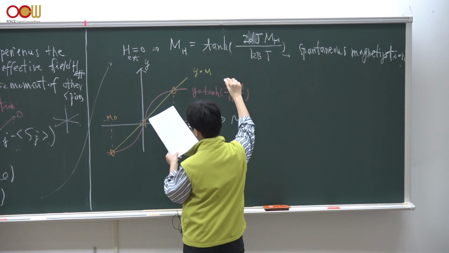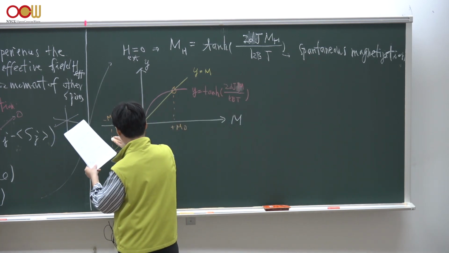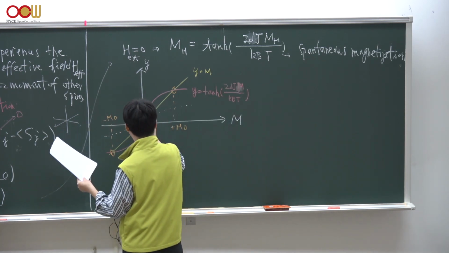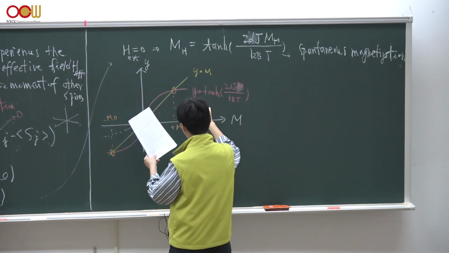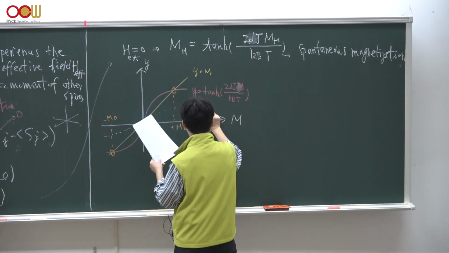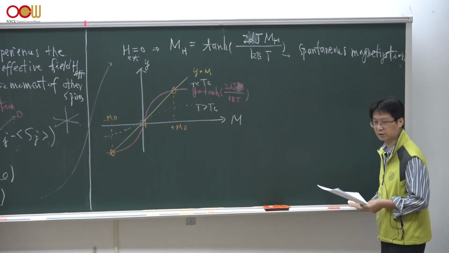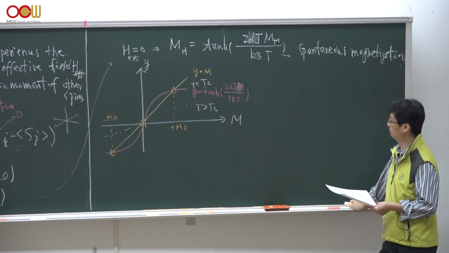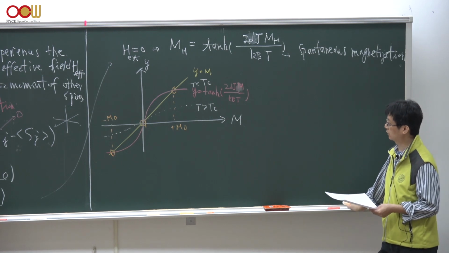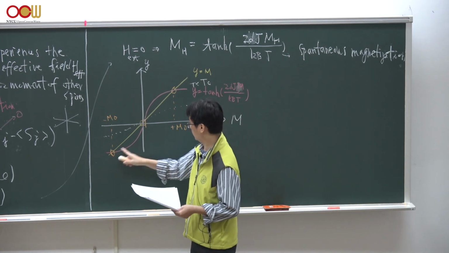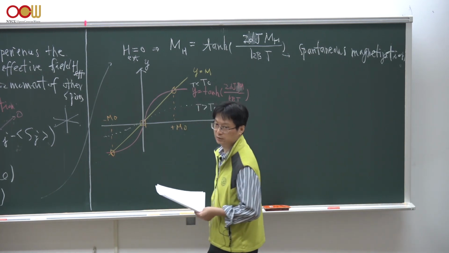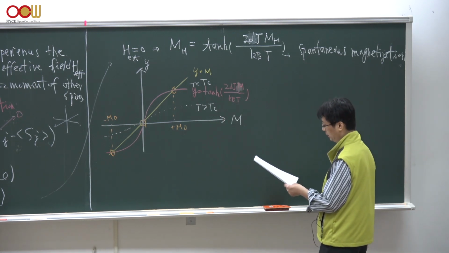So we have this situation where we have these 3 intersection points, and we also have a situation where we don't have an intersection. That is the same as what we discussed earlier: when temperature is less than Tc, you get non-zero intersections at plus and minus m0, which indicate the spontaneous magnetization.